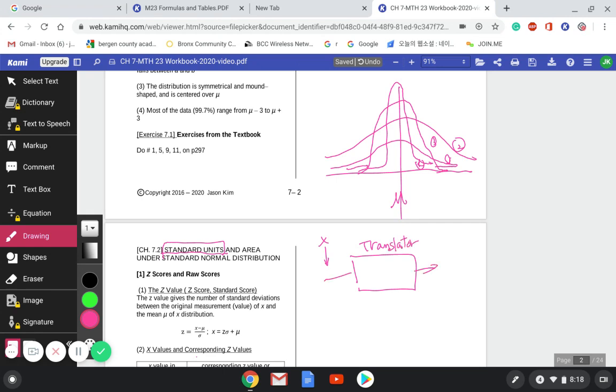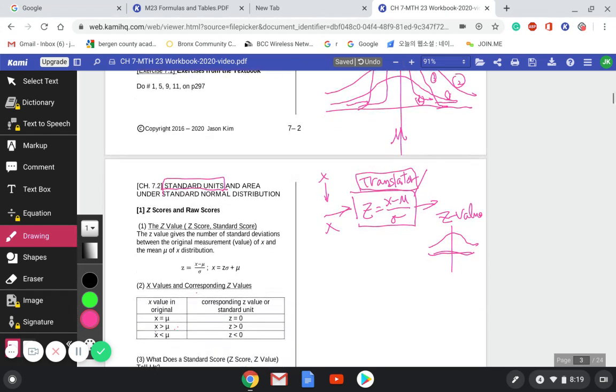The x goes in, and then something called a z value comes out. The z value is the one that fits into one particular normal curve. This translator, or so-called formula, is z equals x minus mu divided by sigma. So it's a ratio by the sigma.